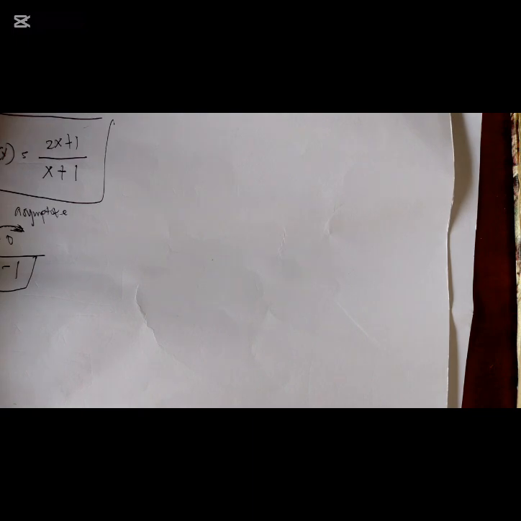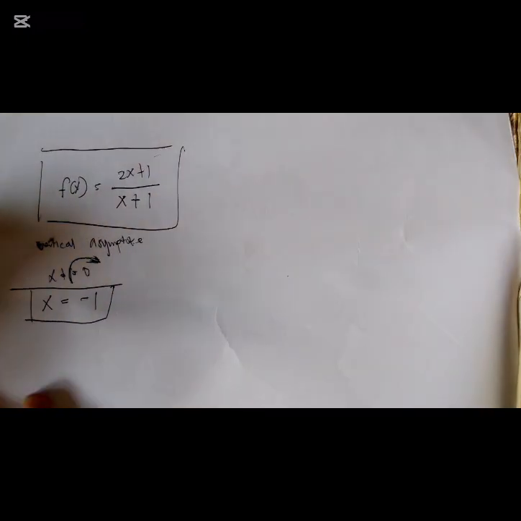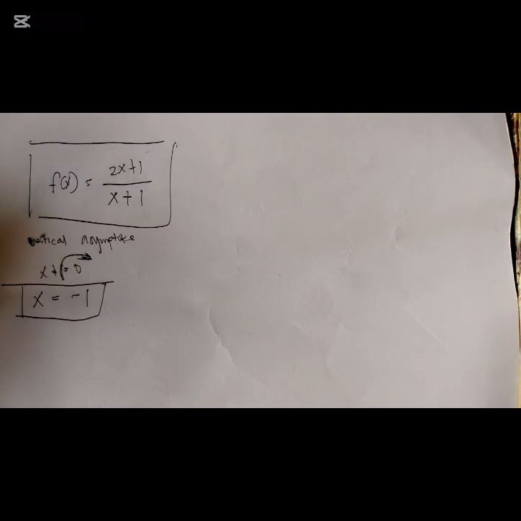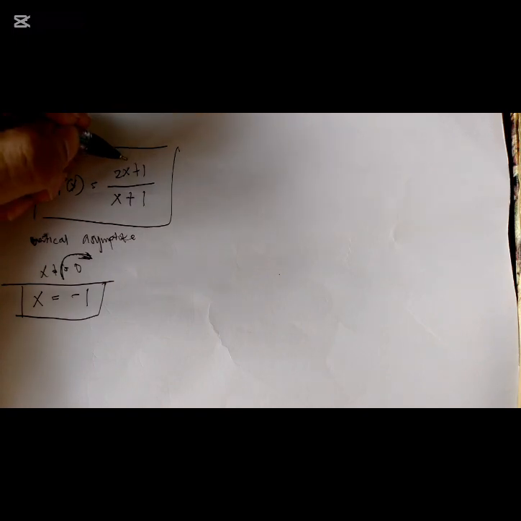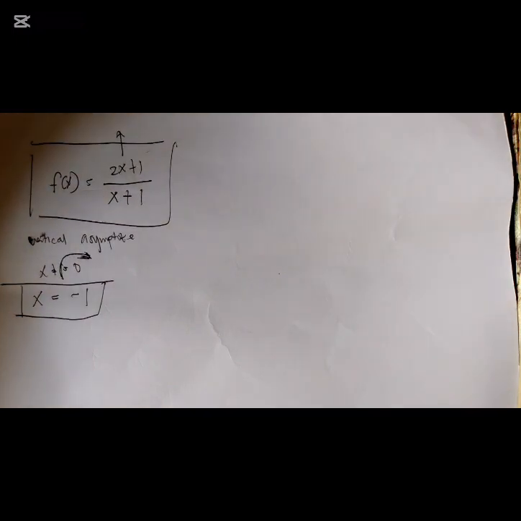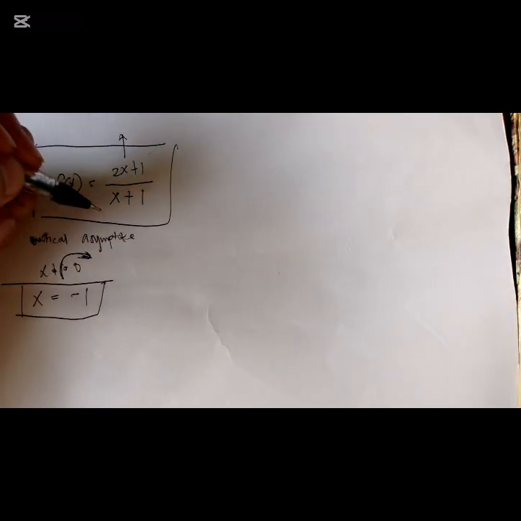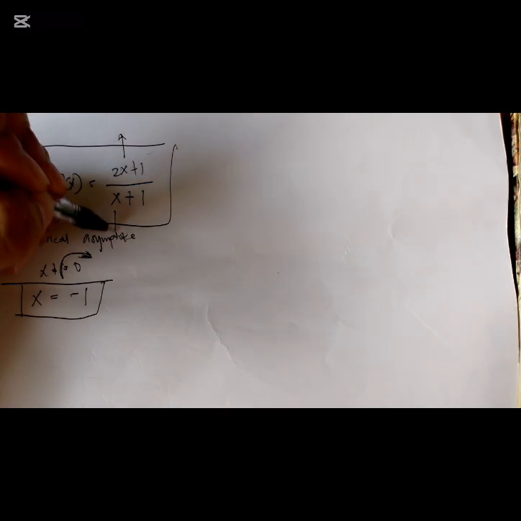On the other hand, to find the horizontal asymptote, you need to determine the degree of the numerator and the degree of the denominator. Let's say for example (2x plus 1) over (x plus 1). The highest degree of the numerator is x, as well as the denominator.